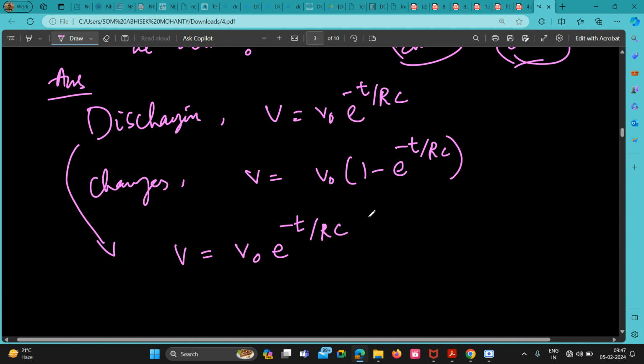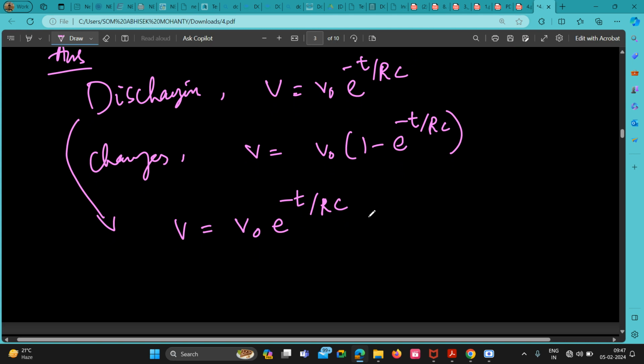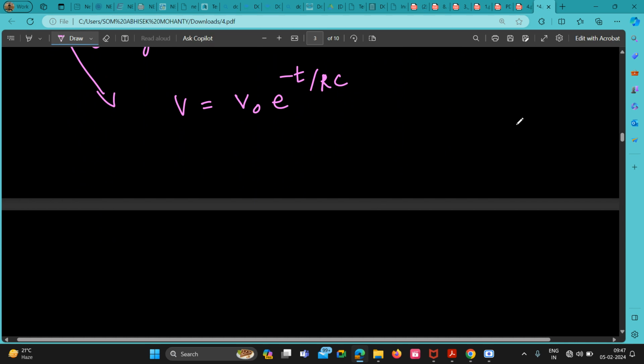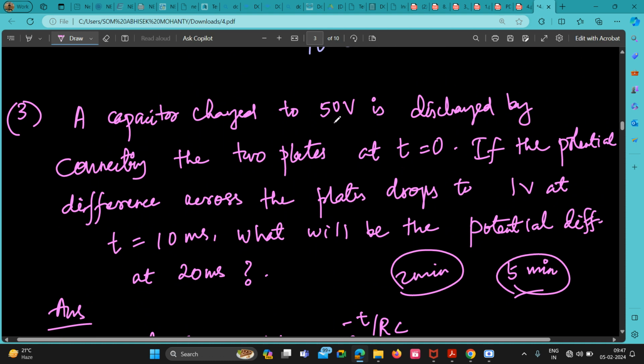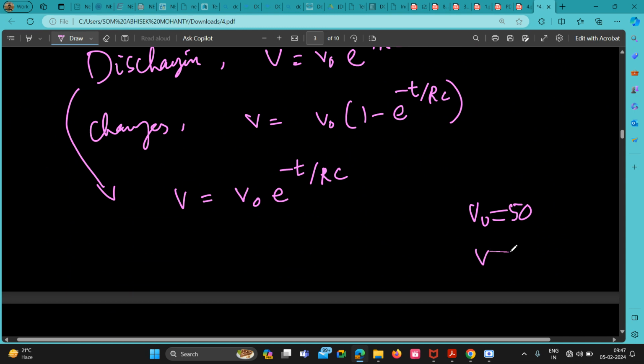From the given data, it becomes 1 volt at 10 millisecond. It was earlier 50 volt, so V naught is 50 volt, the capacitor's value in the beginning at t is equal to 0. It changed to 1 volt, so V is 1 volt.